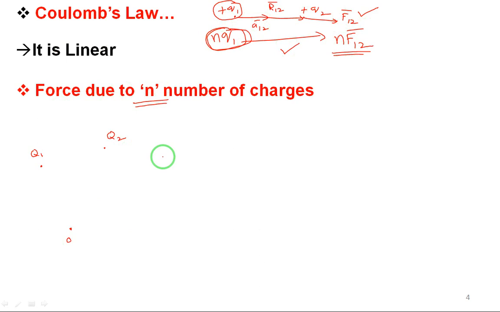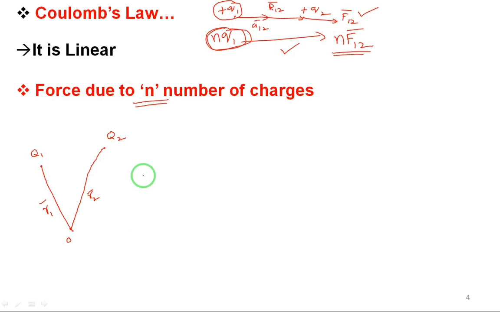I will not take Q3, Q4 till Qn, but only two charges, so n equal to 2. From the origin to Q1, I will call this R1 vector, the position vector. From the origin to Q2, I will call this R2 vector, also a position vector.